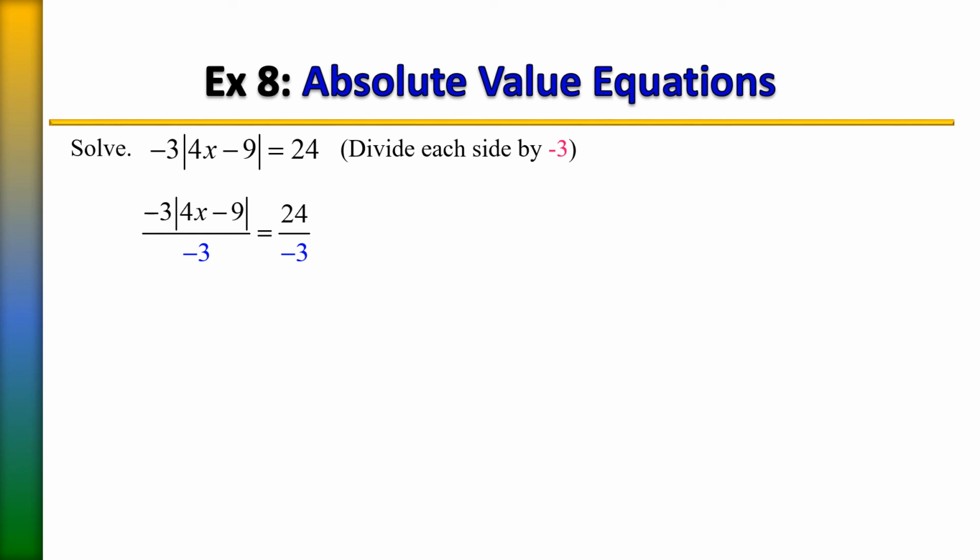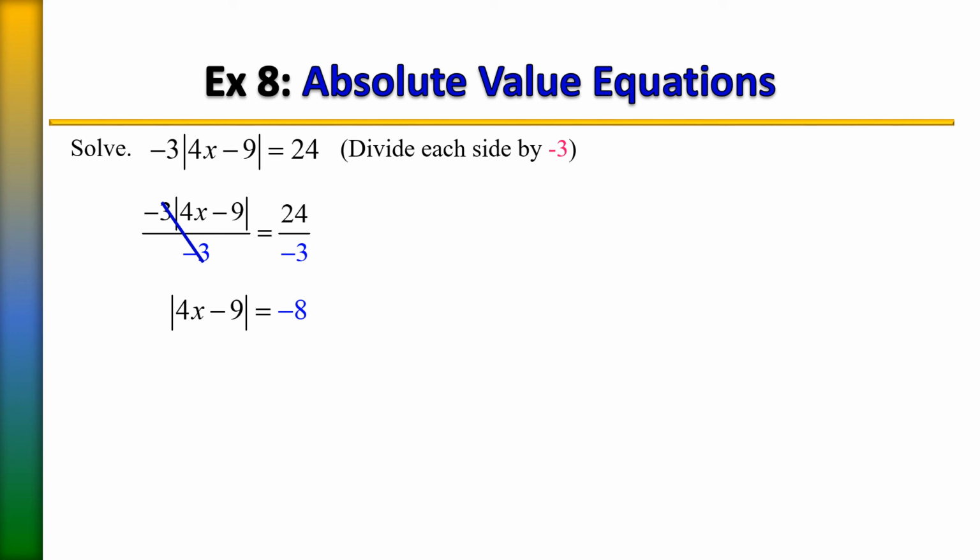Now we can cancel those negative 3's. So on the left side, we have our absolute value by itself: the absolute value of 4x minus 9. And on the right side, we have 24 divided by negative 3. That's going to give us negative 8.